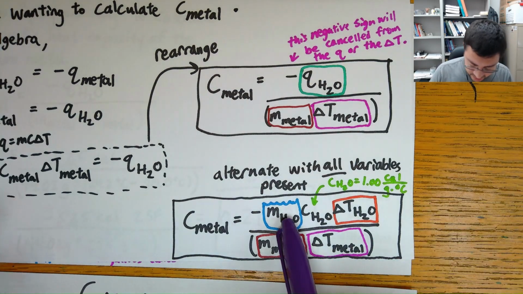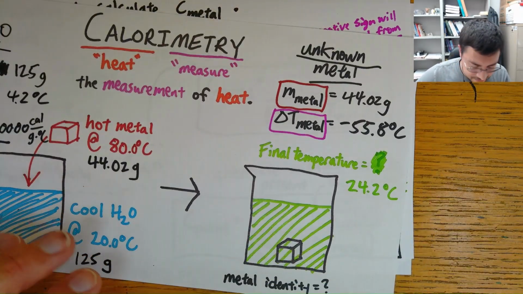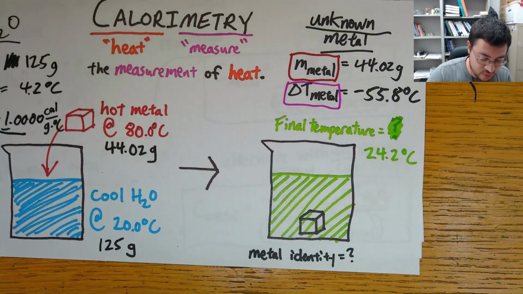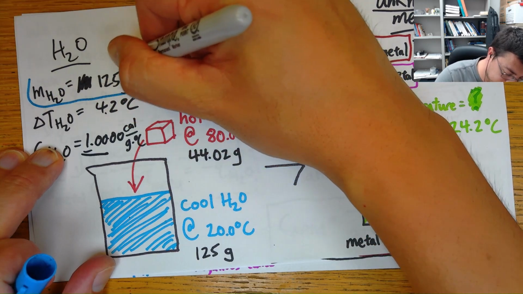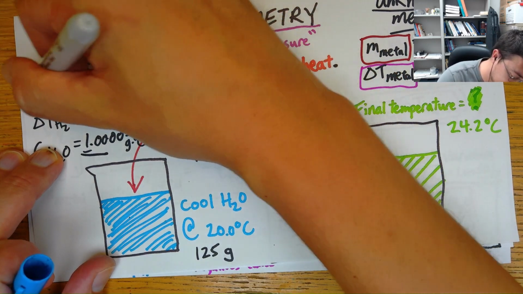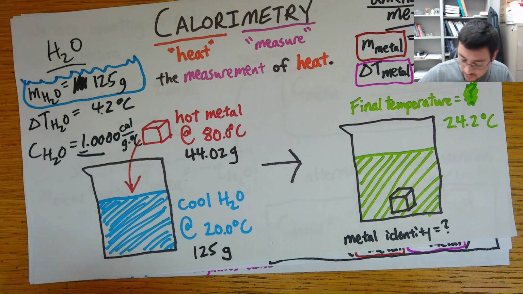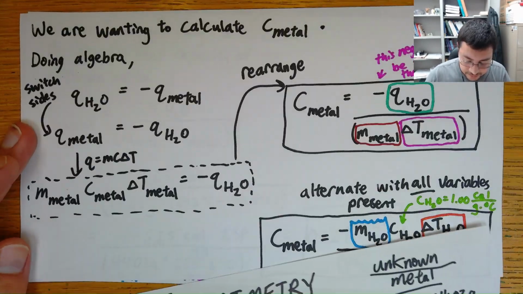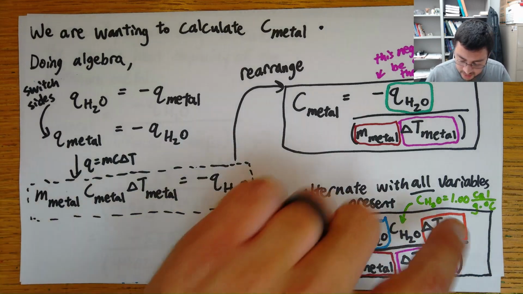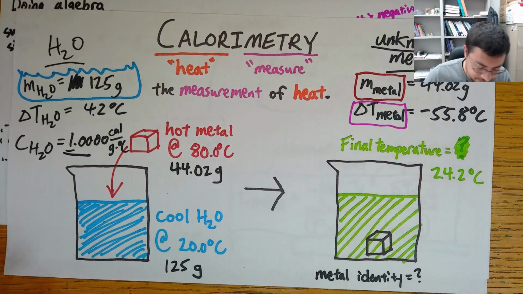But if you want this, mass of the water was 125. I'll just draw some waves. Wavy water. And then our delta T water. Looks like I used orange.